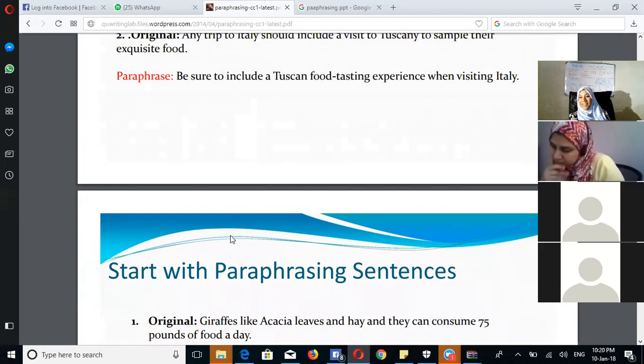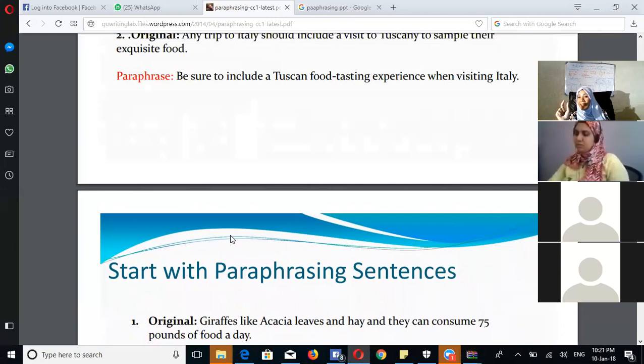It's a proper noun. Giraffes love it; acacia leaves, they like to eat. Sorry, you got it wrong. They like acacia leaves and hay. The hay, do you know the food of the horses? The very small stems of plants. This is hay.